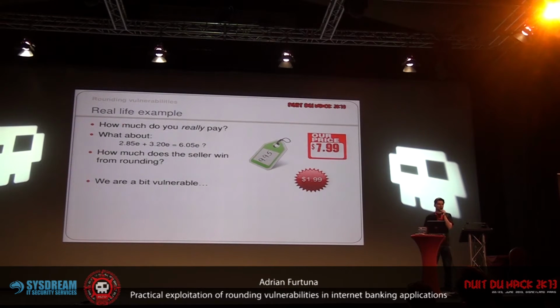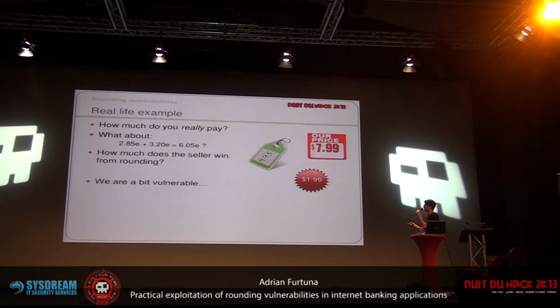If we make an experiment, not talking strictly about the persons in this room, but if you take a sample of, for instance, 2,000 people, and you show them two prices, the first price is $9.95 and the second price is $10, which one do you think they will choose?